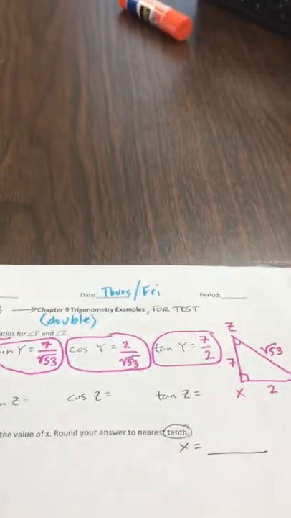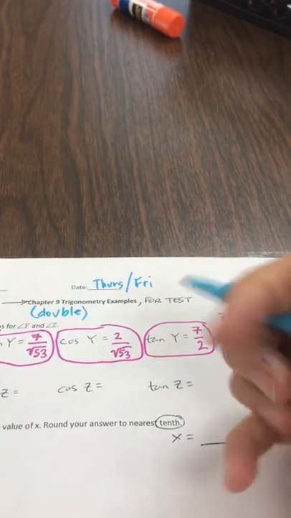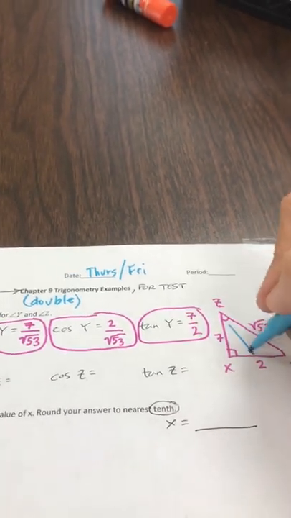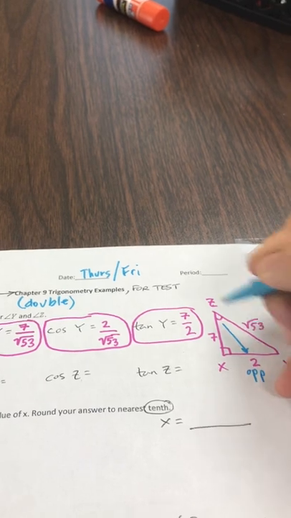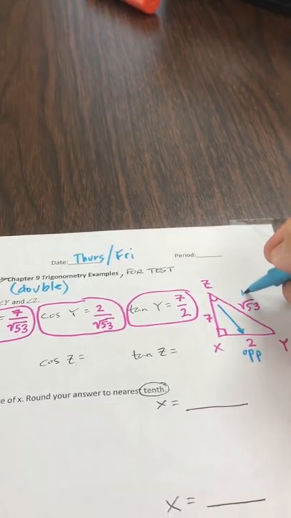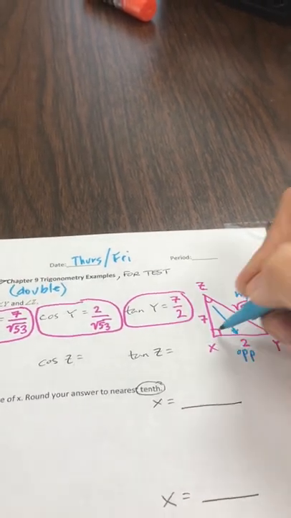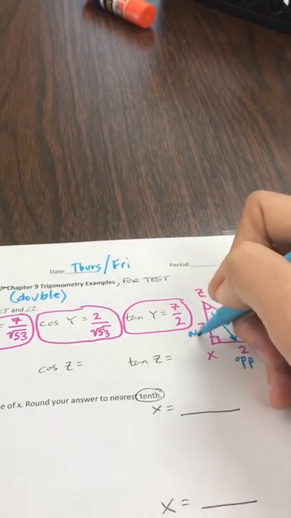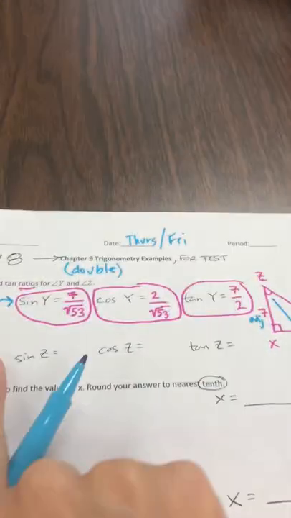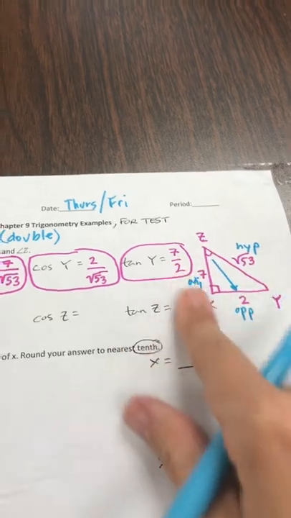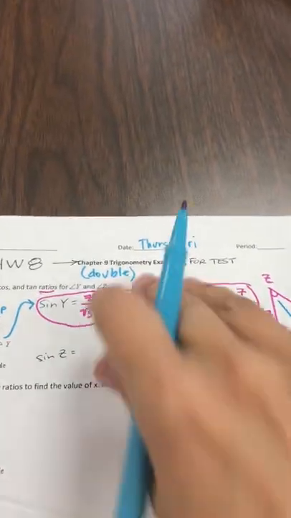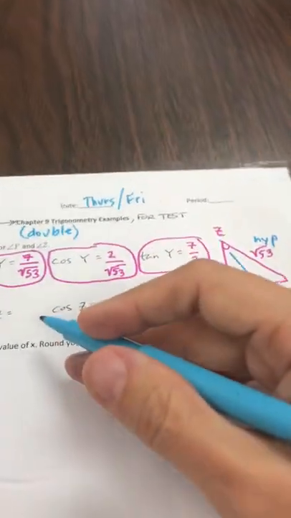The number 2 is opposite angle z. This is still the hypotenuse because it's opposite the box, and this is the adjacent side. When I write out these trig functions, it's going to look a little different, and this will allow us to compare. That's why this question is pretty cool.